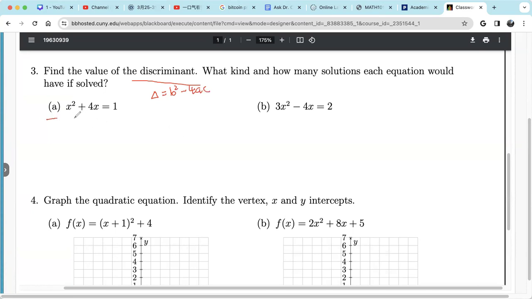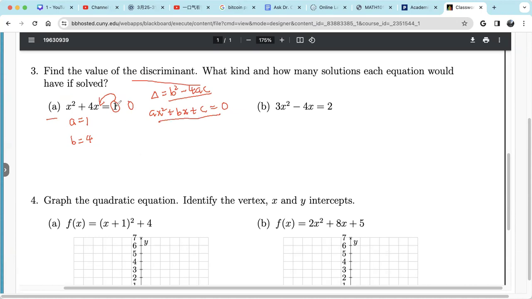Let's see A. In this formula, we have ax squared plus bx plus c equals 0. Right, this is kind of standard. So A is the number before x squared, which is 1. B is the number before x, which is 4. C is the number by itself, but on the left-hand side. So the right-hand side has to be 0, because we want to put it in this form.